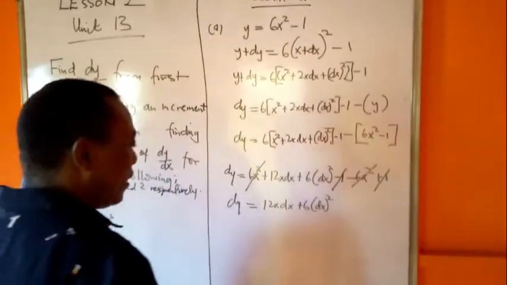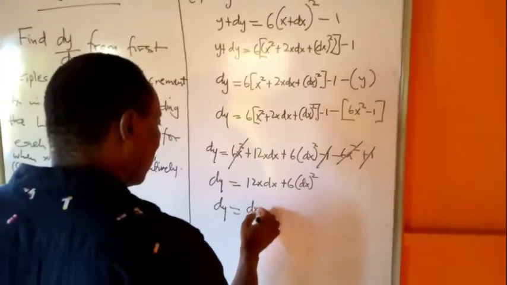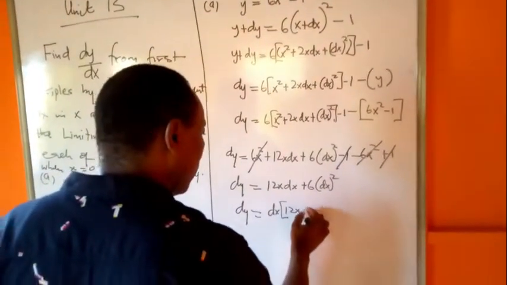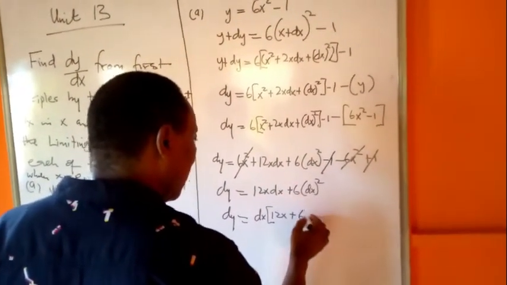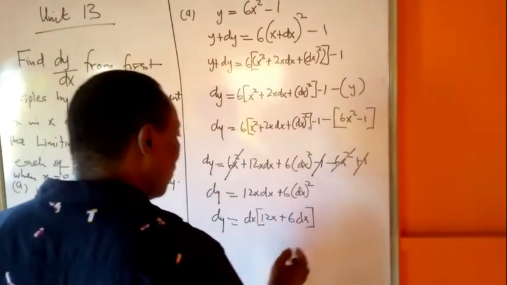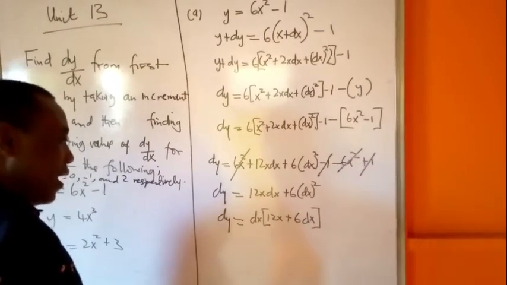Then we can bring out the delta x. Delta y is equal to delta x into 12x plus 6 delta x. Now we can go further.